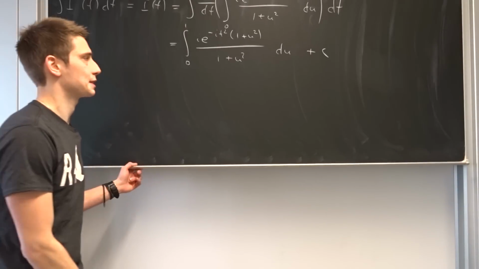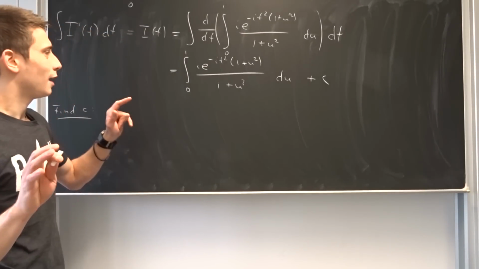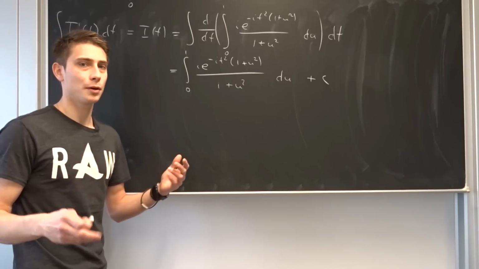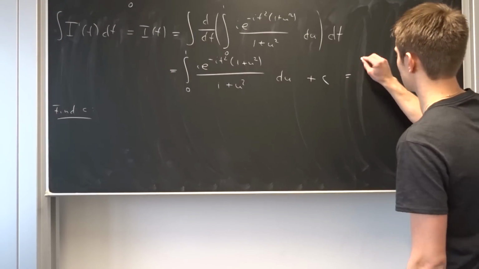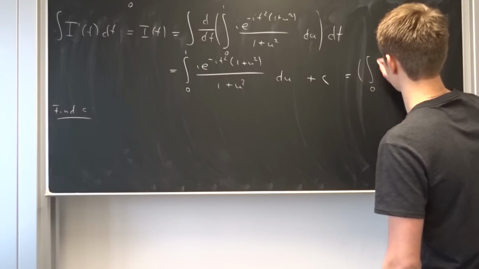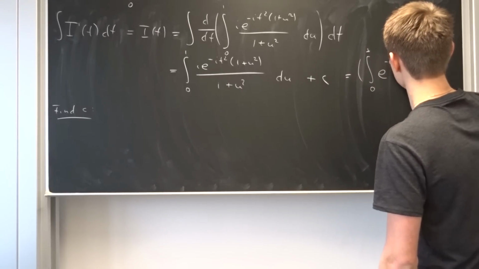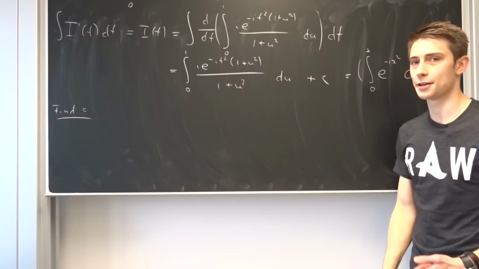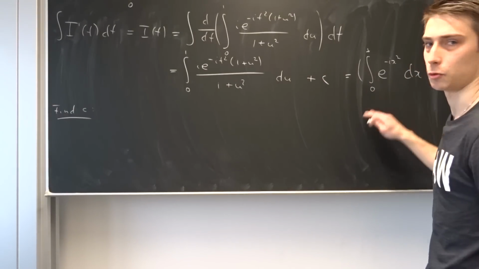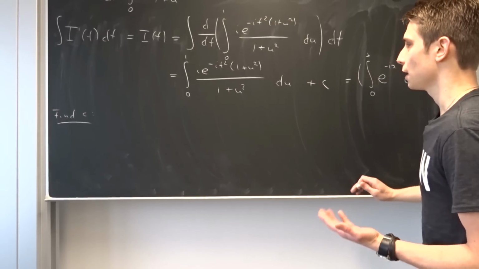How can we find c? Well, I hope you guys still remember what our original I of t equals. So that's just the integral from 0 to t of e to the minus i x squared dx, but squared. So this is completely equal. What can we do?